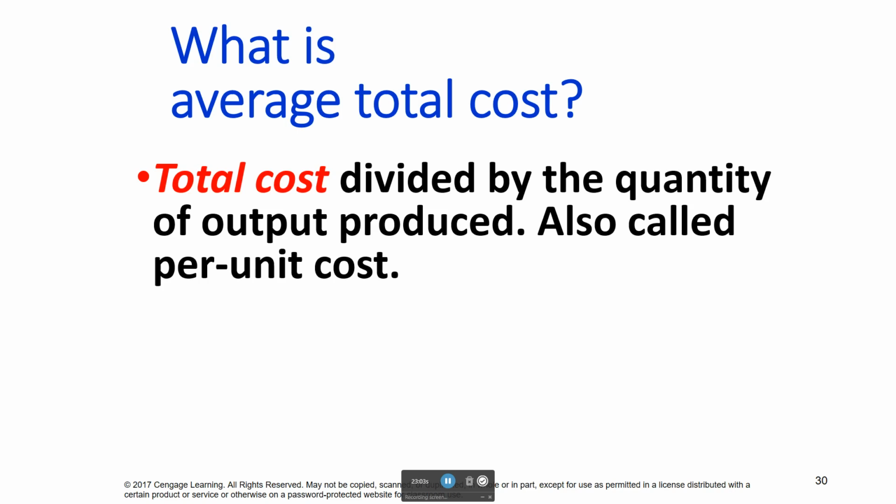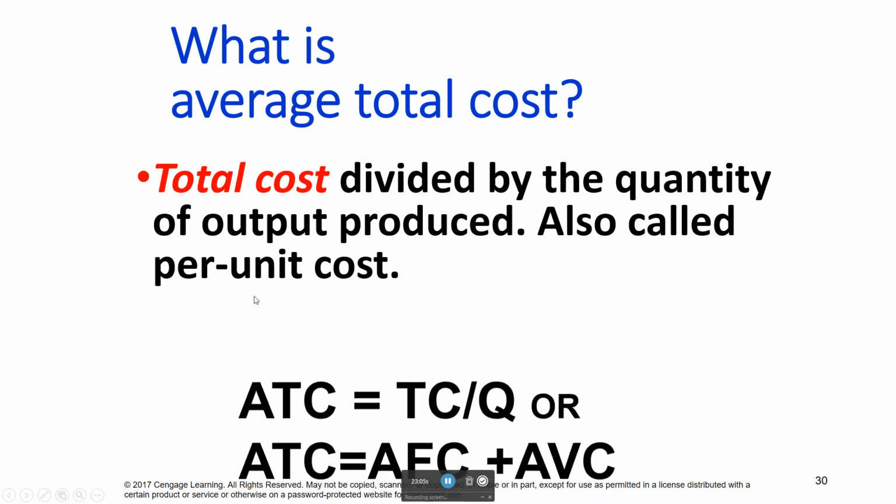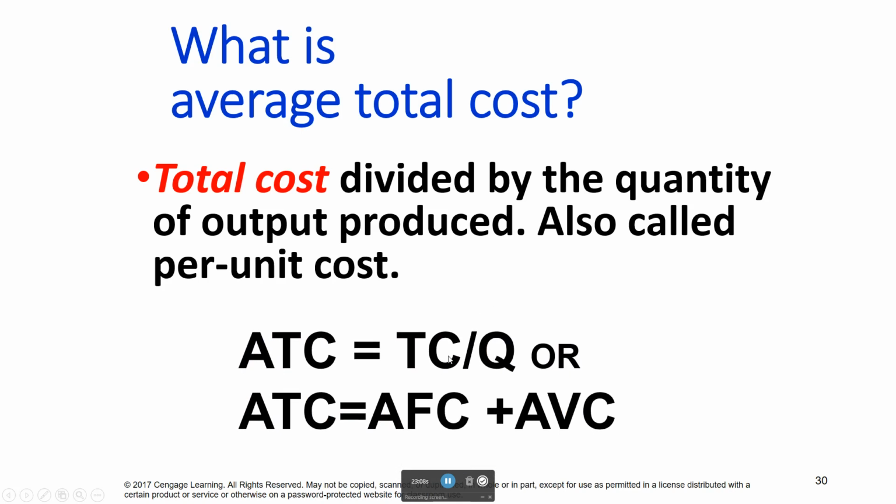That would be my average total cost. We could do it that way, or we could say average total cost is equal to the average fixed cost, which if you go back a couple slides we said was $250, plus our average variable cost of $10 divided by 4 pizzas, that was $2.50. So I can get my average total cost of $252.50 this way or that way. You'll come up with the same answer.